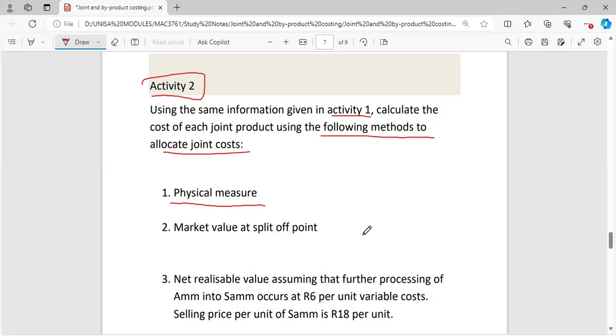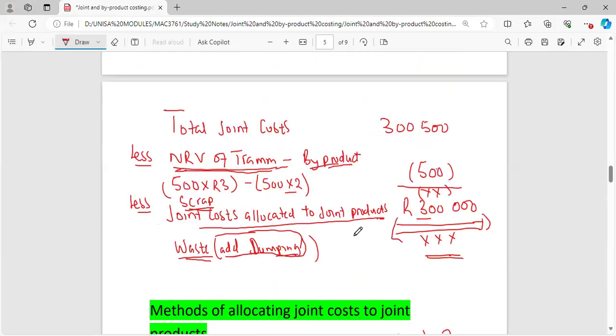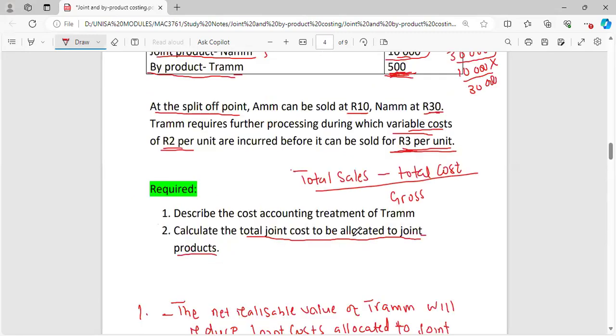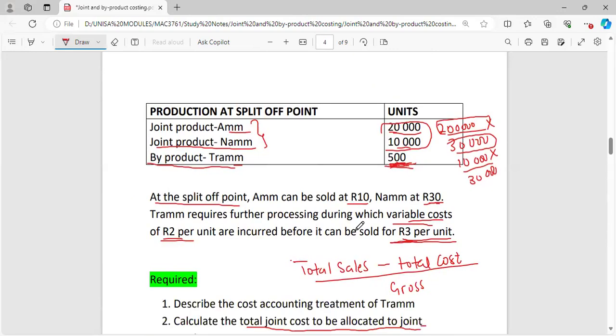We're going to use this information. Where do we start? We want to allocate the joint cost to joint products using the physical measures.